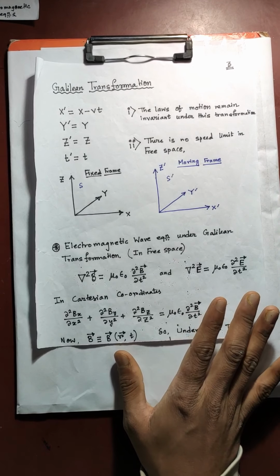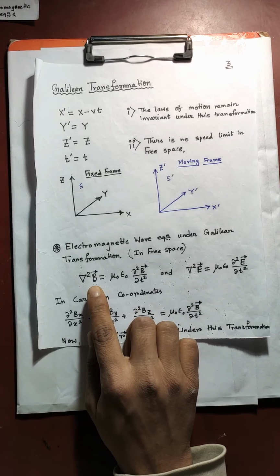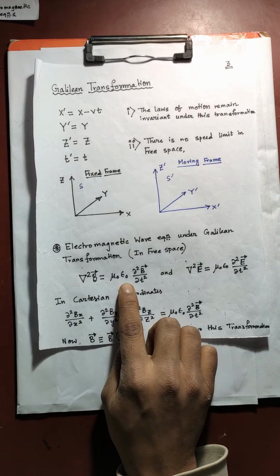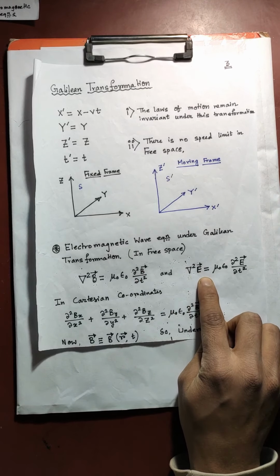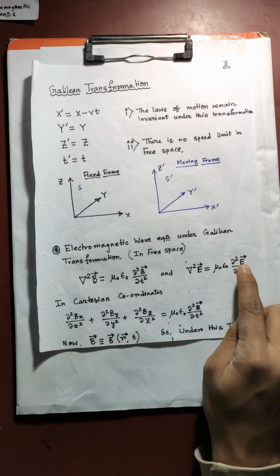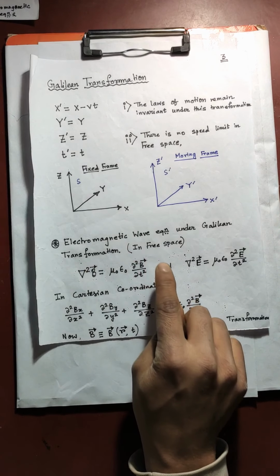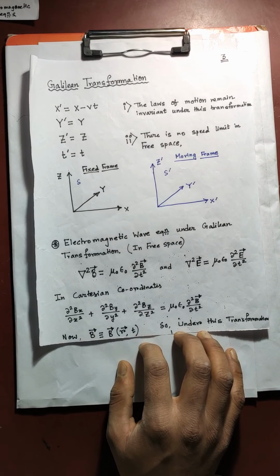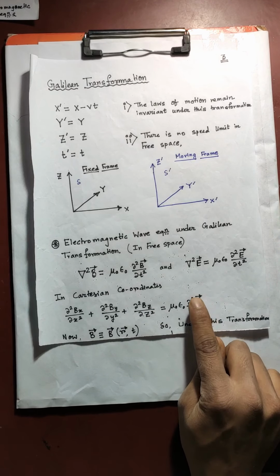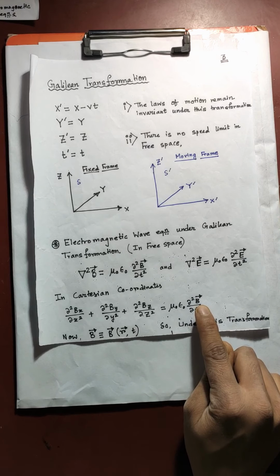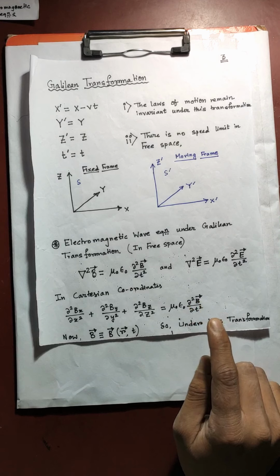Now the electromagnetic wave equation under Galilean transformation. So del square B equals mu naught epsilon naught del 2 del t square B, and del square E equals mu naught epsilon naught del 2 del t square E. I am expanding this wave equation in Cartesian coordinates, so it would look like this: Bx, By, Bz, and I am simply writing B vector, otherwise I have to write Bx, By, Bz with the corresponding time derivatives.